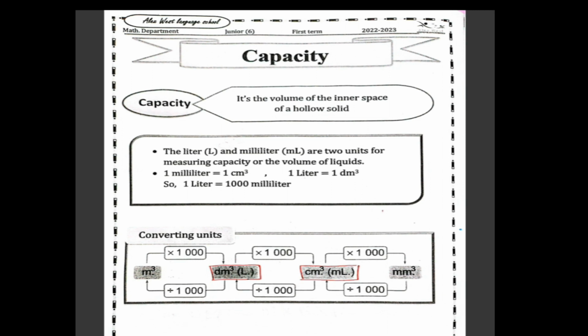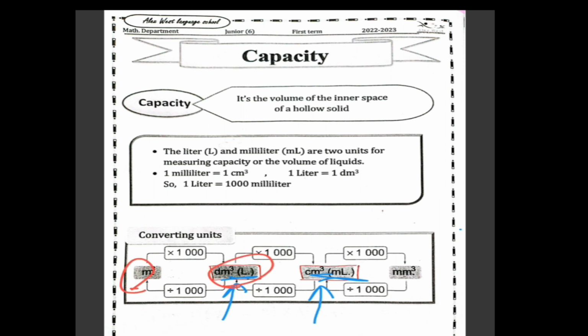To get the capacity of a liquid, we have to use liter and milliliter. As we said before, a liter is the same unit as decimeter cube, and centimeter cube is equivalent to milliliter. So we know how to convert from meter cube to decimeter cube or to liter, or to convert from a big unit to a small unit, we have to multiply.